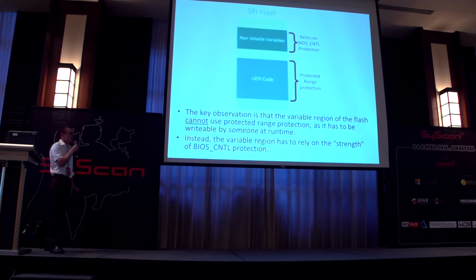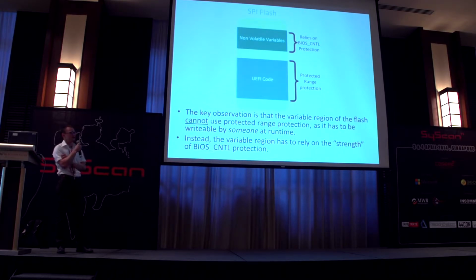So, like I said, the critical observation really in this whole talk is that these non-volatile variables, which are security critical in the boot up of the system, are fundamentally less secure than other regions of the SPI flash. The reason is the UEFI code can be made not writable during the early stages of the boot up of the system, but the variable region of the flash has to remain writable while the operating system is going.